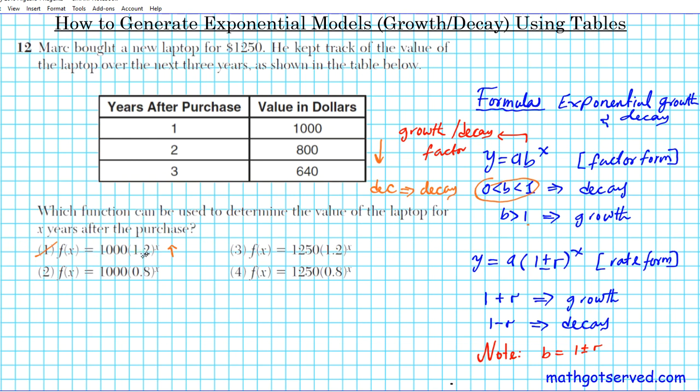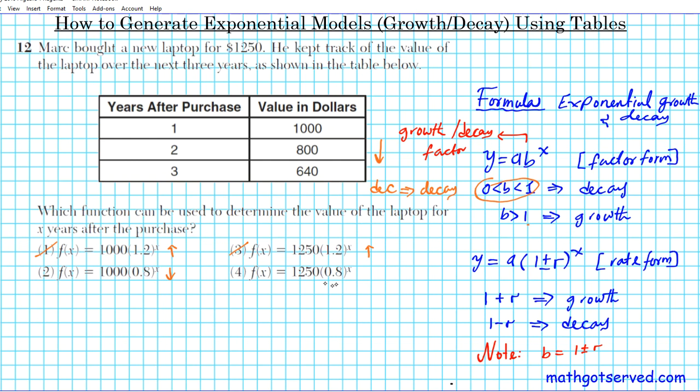And then if you look at option 2, this looks good because it's decay, because 0.8 is between 0 and 1. And if you look at number 3, this is a growth factor because the base of this exponential term is greater than 1, so that's increasing, so that cannot be the answer.